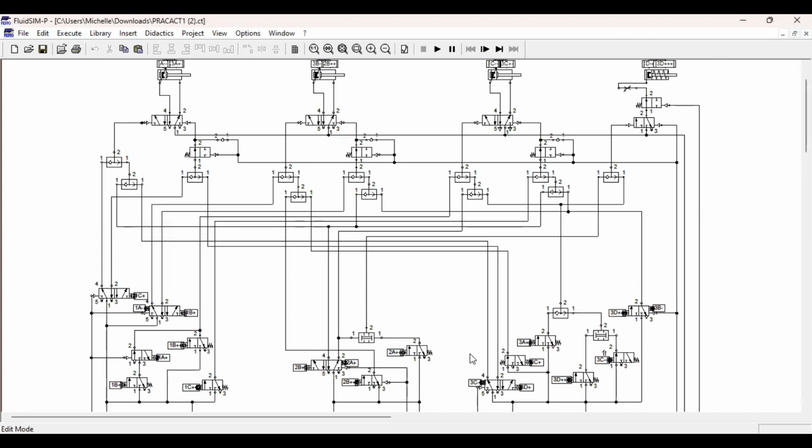And para mangyari yon, gumamit kami dito ng 5-way valve that is naturally open, connected dito sa mga shuttle valve sa left side ni actuator A. And we also use here a 3-way valve na naturally open din na connected dito sa mga shuttle valve sa left side ni actuator B.